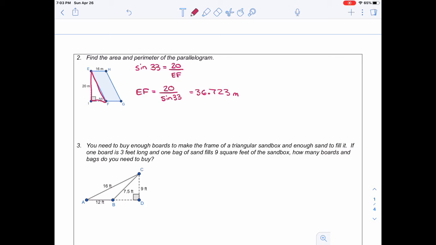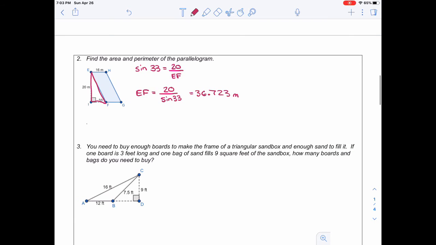Okay, so now that we have our missing side lengths, our perimeter is going to be super easy to find. We're going to do 2 times our 16, which are our bases, plus 2 times our other side lengths, which we just found to be 36.723. And for that, we should get 32 plus 73.446, which altogether gives us 105.446 meters.